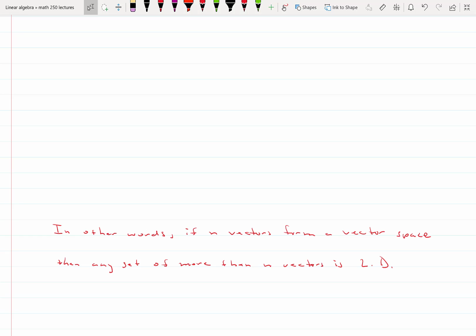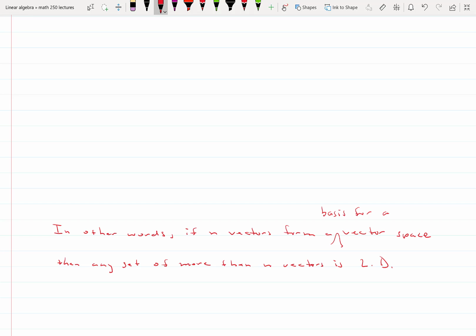What this statement says, in other words, is that if n vectors form a basis for a vector space (I have written here "form a vector space," and it's not correct), then any set of more than n vectors is automatically linearly dependent.